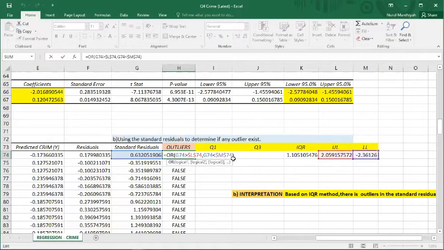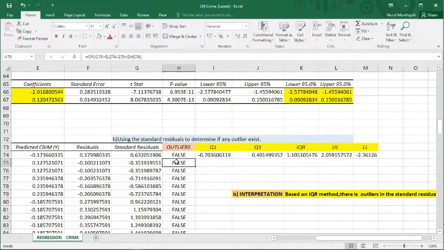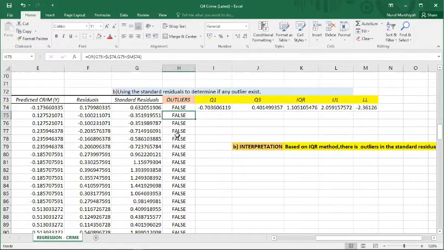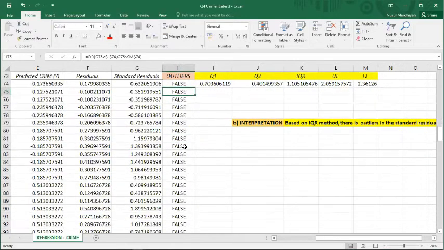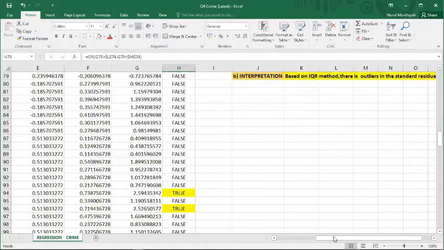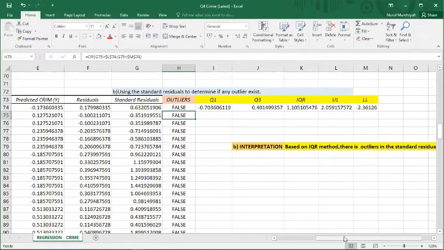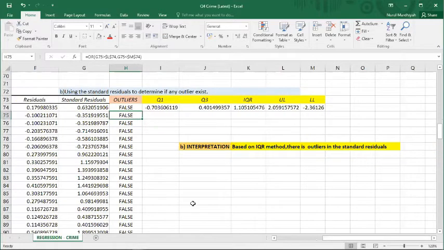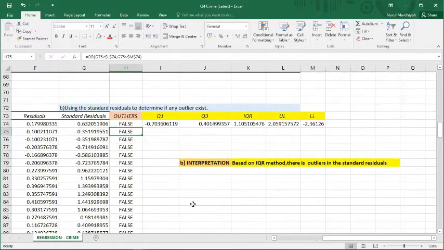Enter. If false, it means no outliers, but if true, it is an outlier. So the interpretation is, based on the IQR method, there is an outlier in the standard residual. That's all for question number 4.